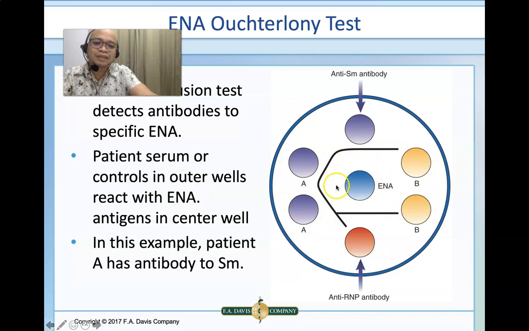The extractable nuclear antigen is supposed to be found in the middle or center well. So in this example, patient A has antibody to SM, anti-SM. Why? Because as you can see in the illustration, there is a semi-arc formation.